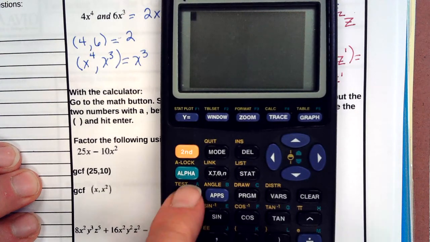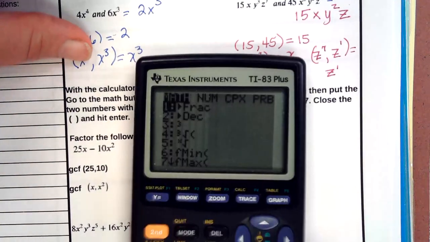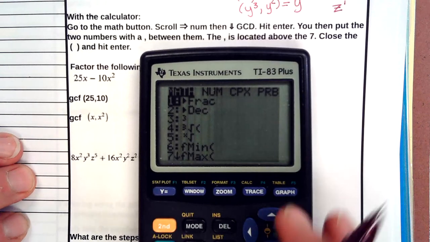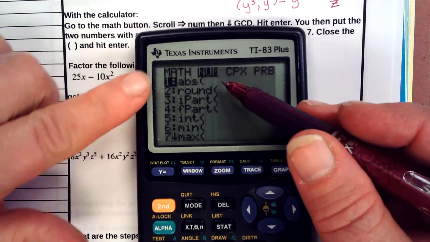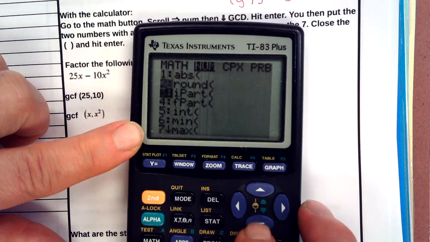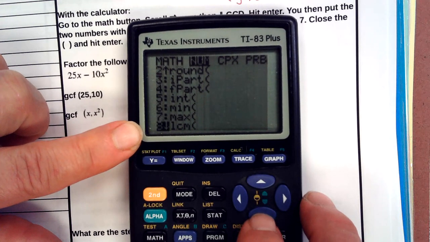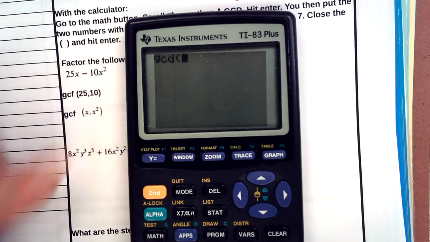See the math button? I'm going to hit math. Now I'm going to scroll over to num, using my arrow key right here. See how it's highlighted? Now I can scroll down. I do not see it to number 7, so that tells me it's going to be past 7. There's my least common multiple and my greatest common divisor, so I'll hit enter.